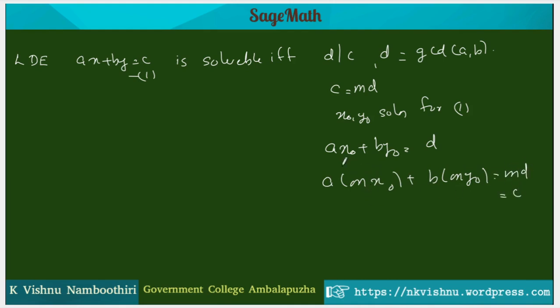So once we find the Bezout identity coefficients x naught and y naught, we need to just multiply x naught and y naught by m, and then we get a solution for ax plus by equals c. This is the technique that we are going to employ for finding a solution for the linear Diophantine equation.